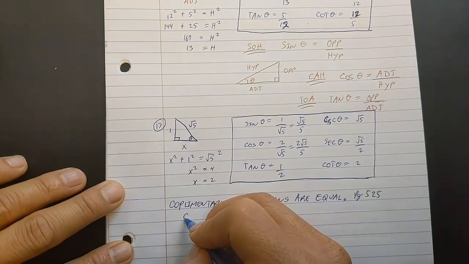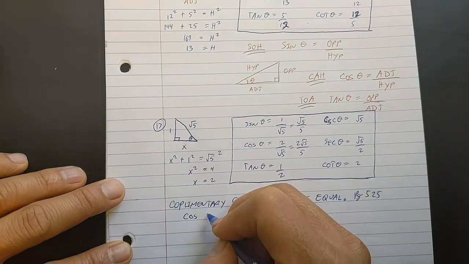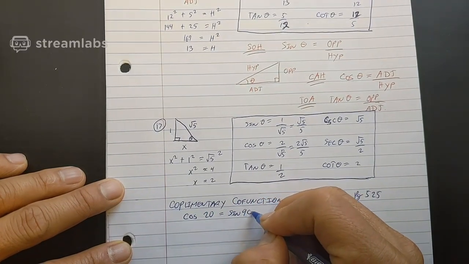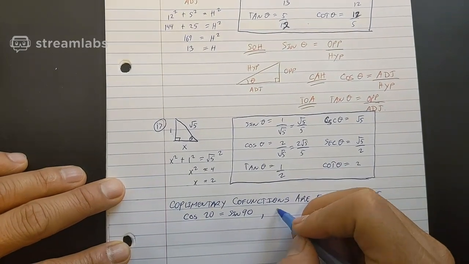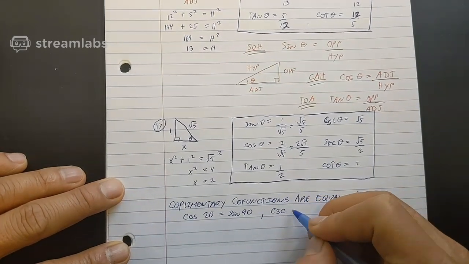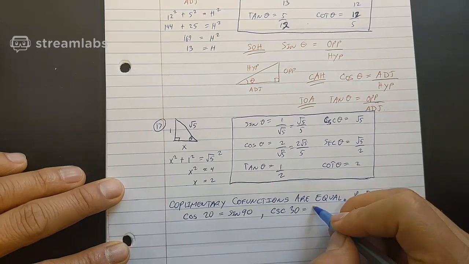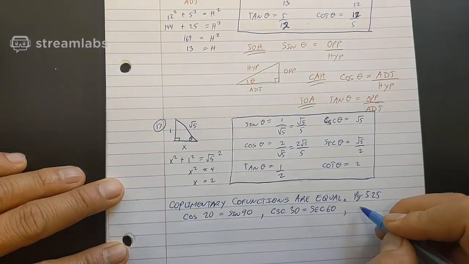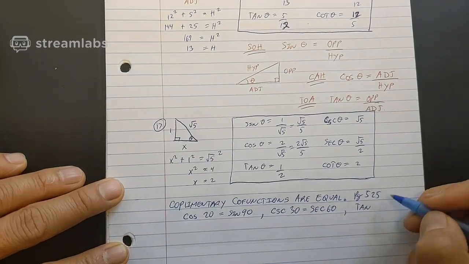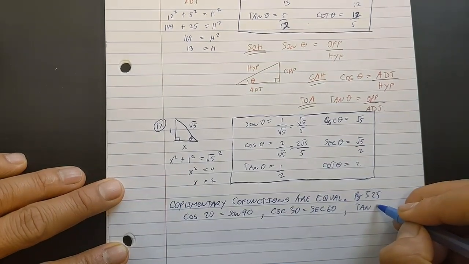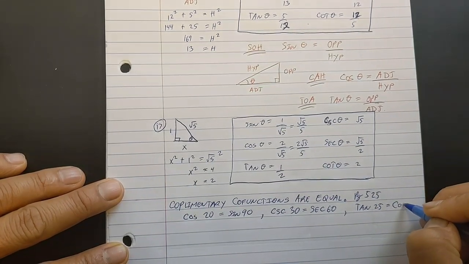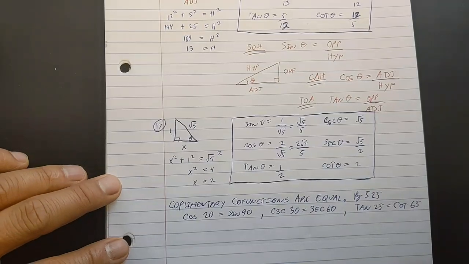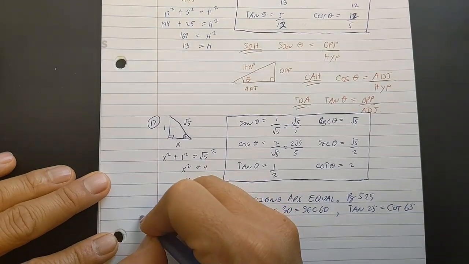So basically, cosine 20 is equal to sine 70, or cosecant 30 is equal to secant 60, or tangent 25 equals cotangent 65. These are all examples.